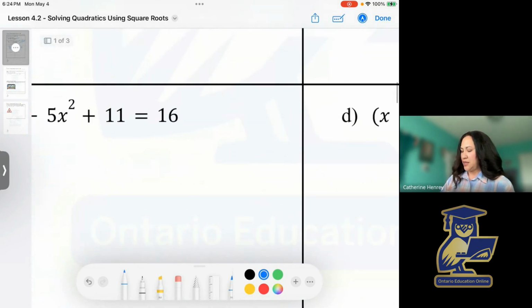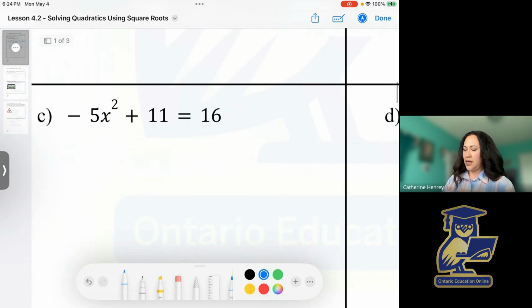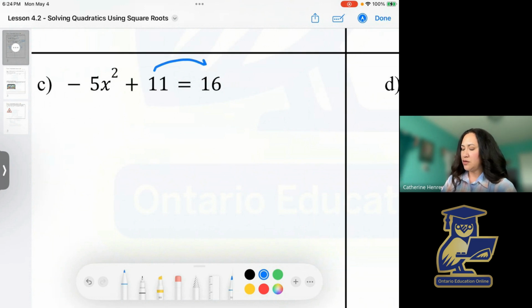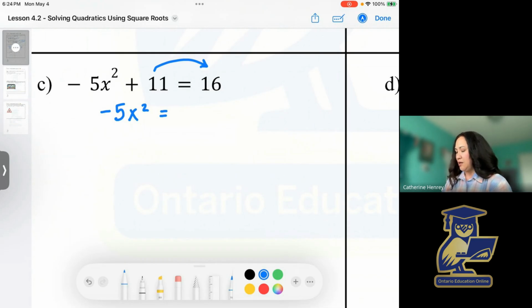Let's take a look at this example. I have negative 5x squared plus 11 equals 16. I want to move this positive 11 over to the other side. I will have negative 5x squared equals, that 11 became negative, and so what I end up with here is 5.